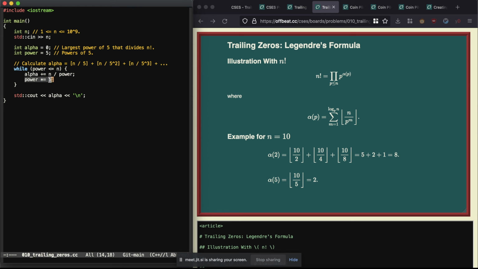So now this power has become 5 square, and then it will become 5 cube, and so on until we start exceeding n, at which point we know that we'll not get any more factors. So yeah, this is the solution for this problem.